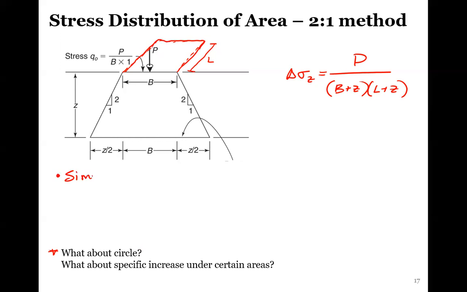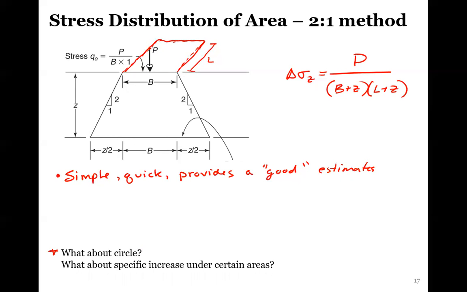So the technique is very simple to analyze, and it provides a good estimate. This would be one of those things where you need to use your engineering judgment in the real world.